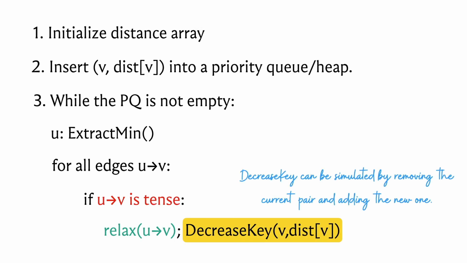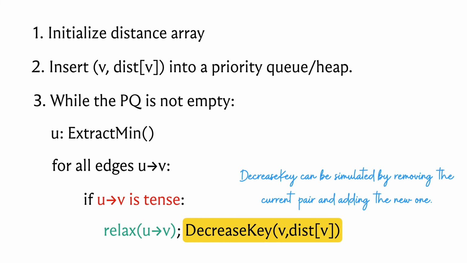So let's look at what that looks like. We're going to basically split this decrease key operation into two steps. So first delete the old value and then insert the appropriate new distance. That's going to be distance of u plus the weight of the edge from u to v.